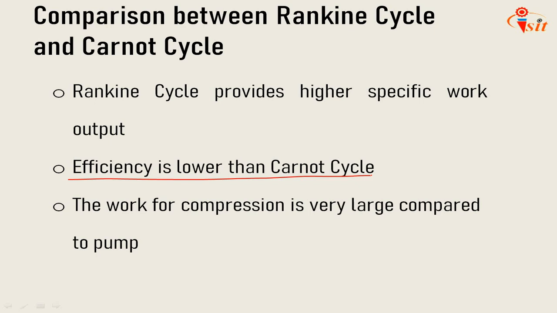Okay. The advantage of using a pump to feed liquid to the boiler instead of compressing a wet vapor is obvious: the work for compression is very large compared to the pump. So that is again the comparison point for the Rankine and Carnot cycle.